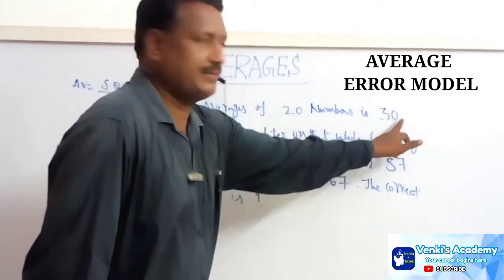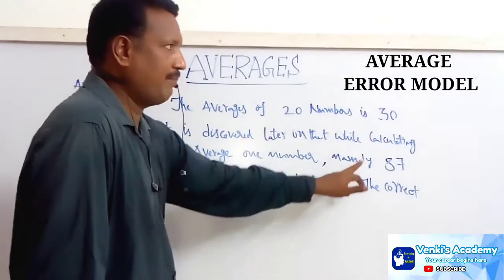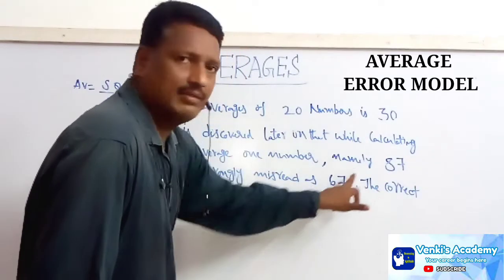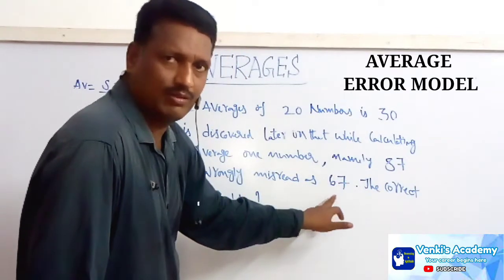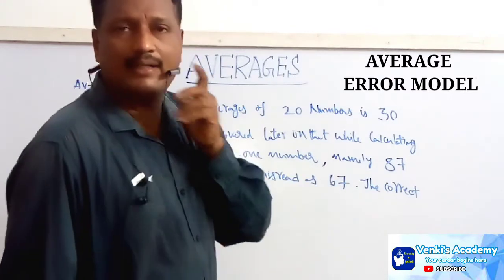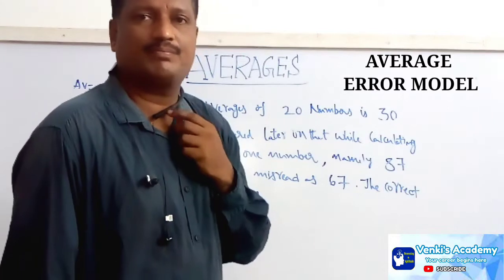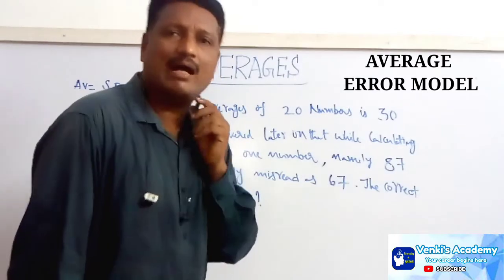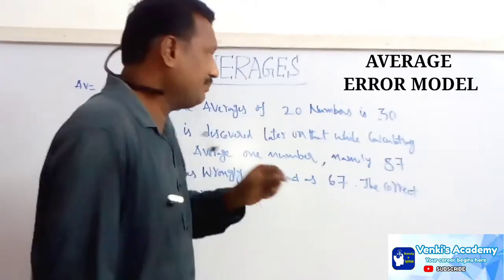This is the average. But what about this? Actually we have to take 87, but we have taken 67. That means we have to add 20. Is this 20 a value or an average?